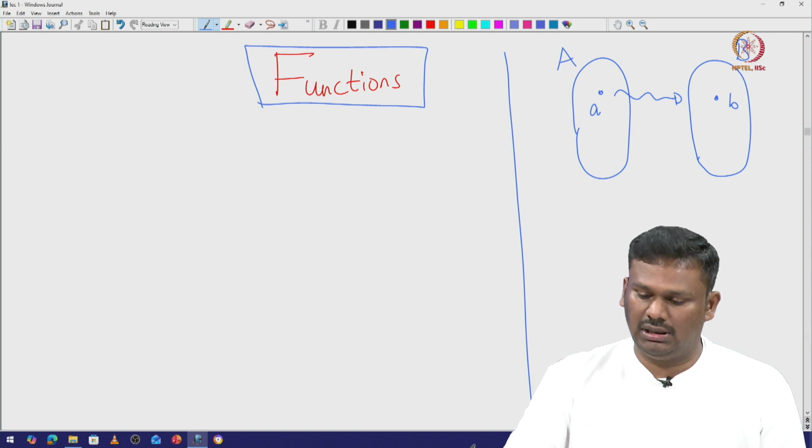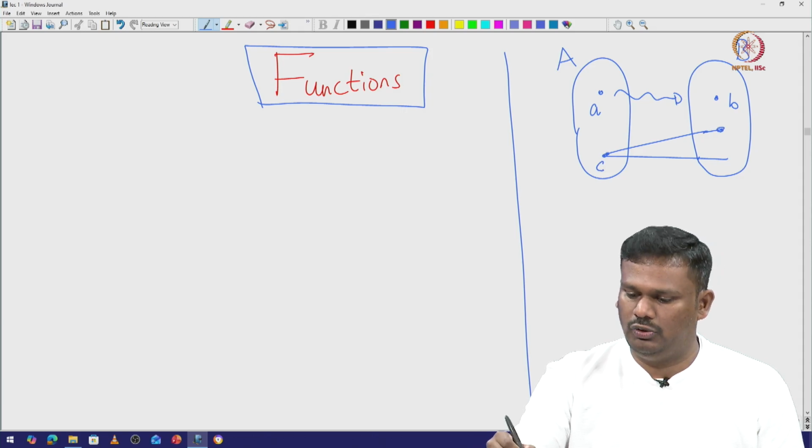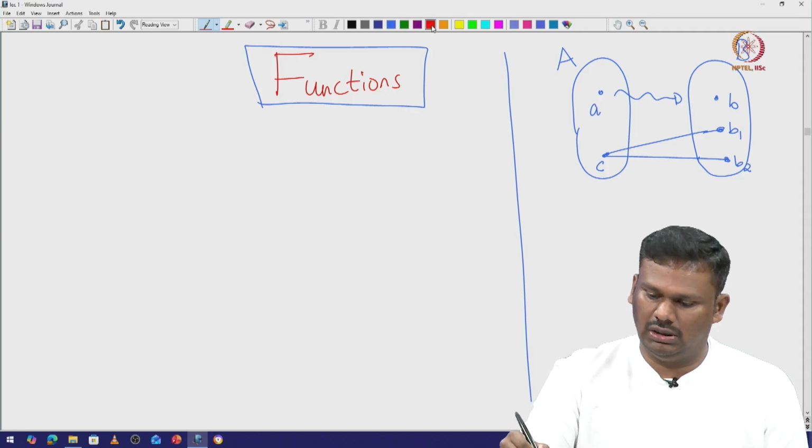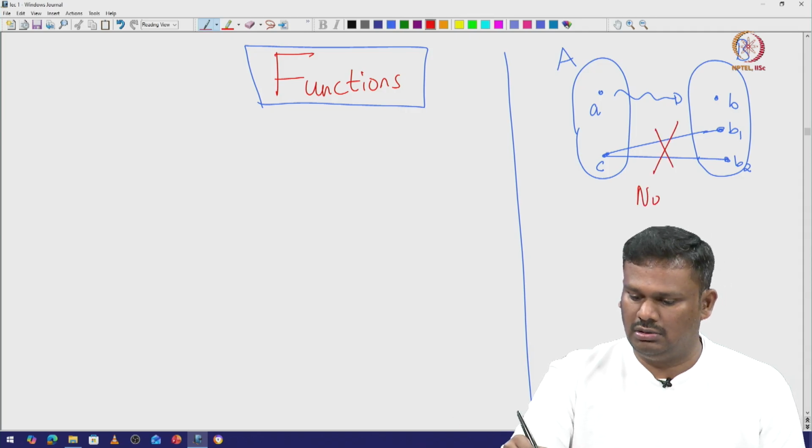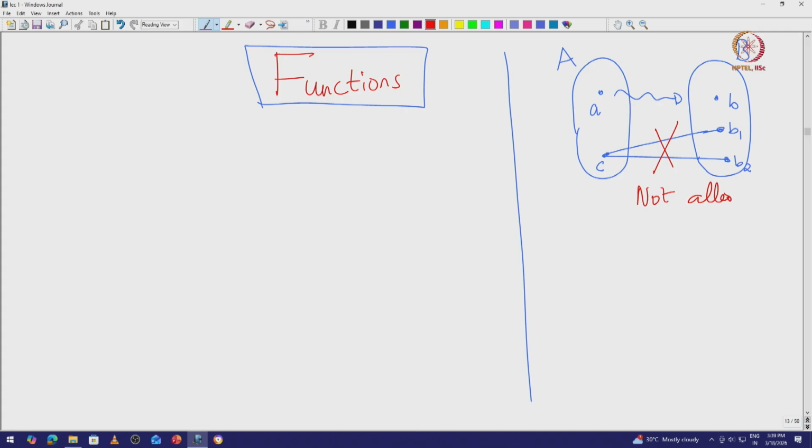So, what is not allowed? For example, if I take some element here, let us say C, then it should not map to two elements, like here B1 and B2. This is not allowed.